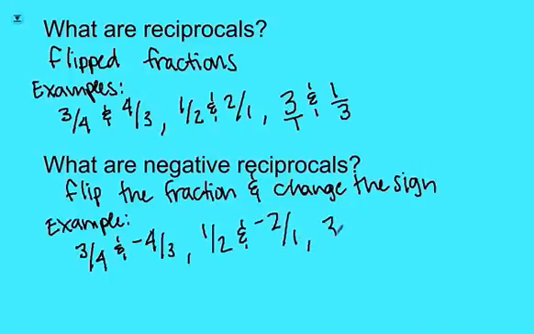If I had positive 3, the negative reciprocal would be negative 1/3. So a negative turns into a positive, and a positive turns into a negative. If I had an example like negative 5/6, the negative reciprocal would be positive 6/5.